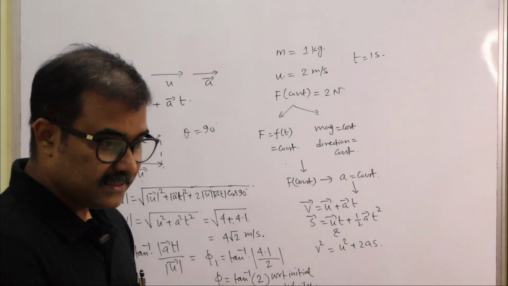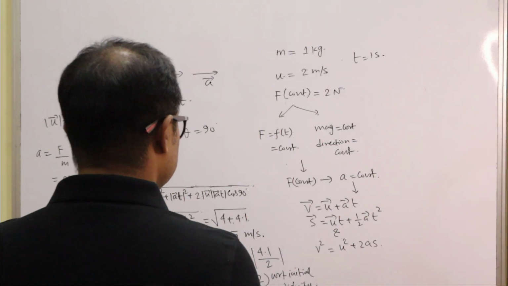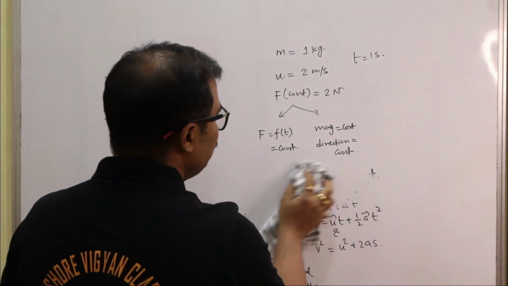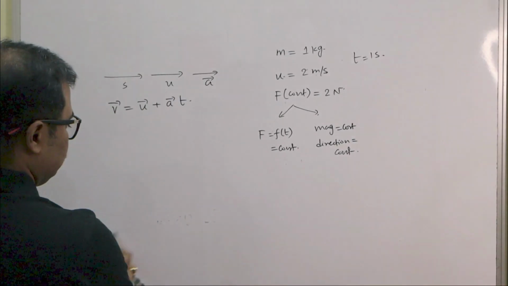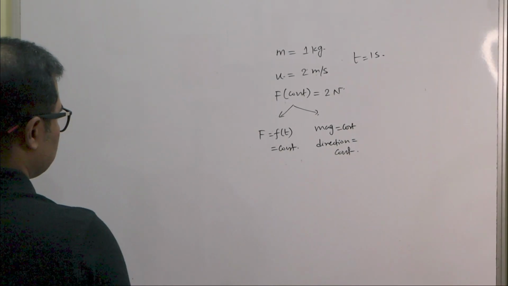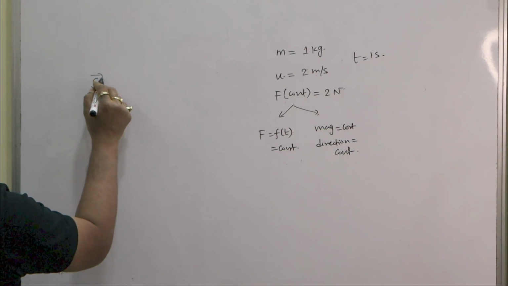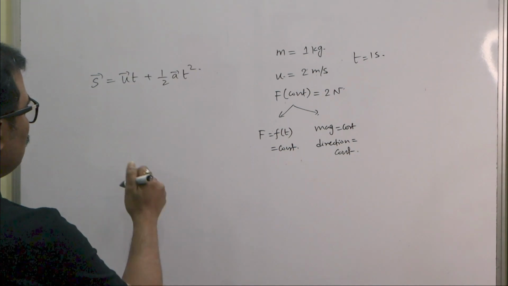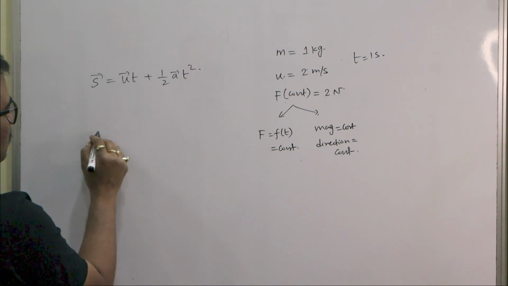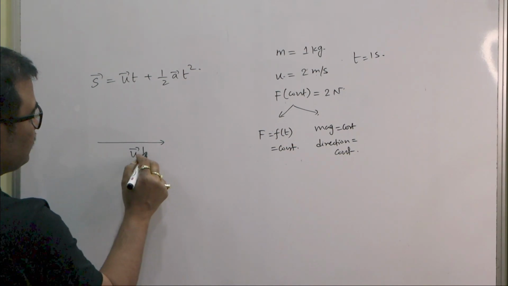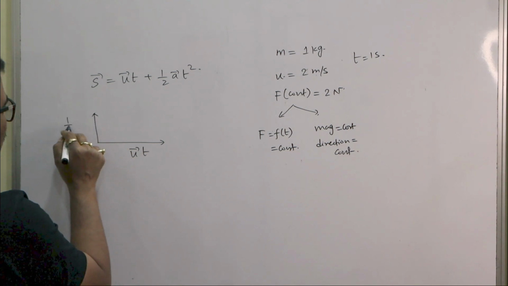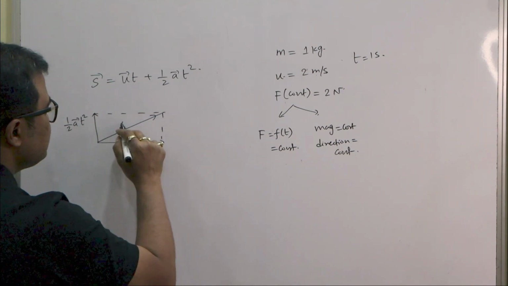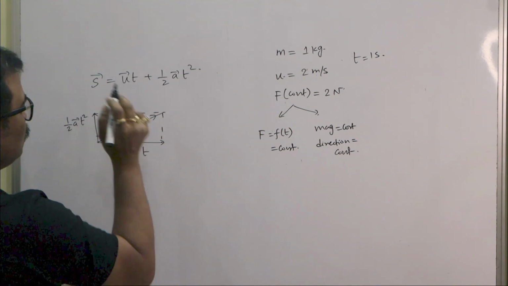This is one part. The second part is that we need to find the displacement. No issue, the displacement can be found. We are using s equals ut plus half at square. Same thing. This is our ut vector, this is the half at square vector, so this is s, and this is phi 2.